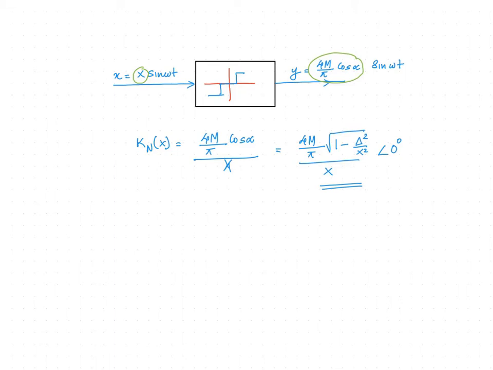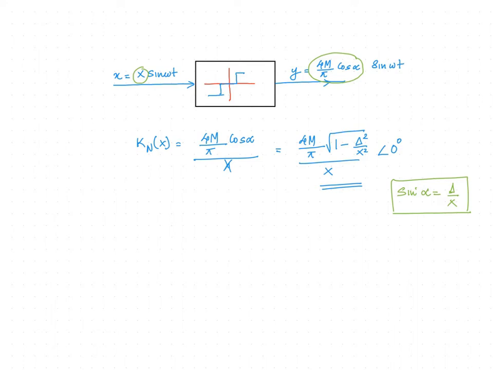Thus, describing function is 4M by pi cos alpha by capital X. Since alpha is a term which is introduced by the user, we can write it in terms of the dead zone parameters, that is equal to 4M by pi into root of 1 minus delta square by X square by X. We have seen that sin alpha is delta by X.